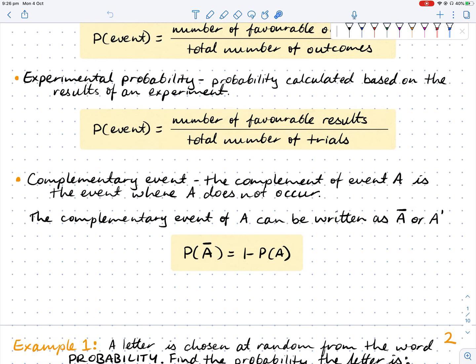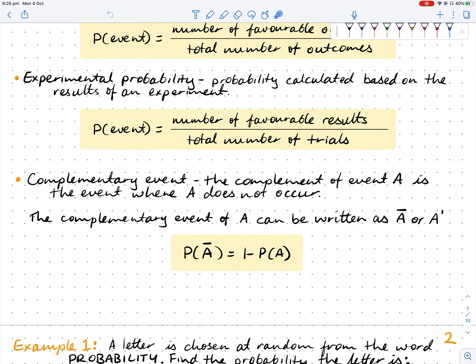Okay, if we're looking at the probability of it being sunny tomorrow, the complement would be it's not sunny tomorrow. So it's not necessarily raining because it could be hailing, could be cloudy, it could be thunderstorming, it could be something else. So often we'll use the word not to represent it.